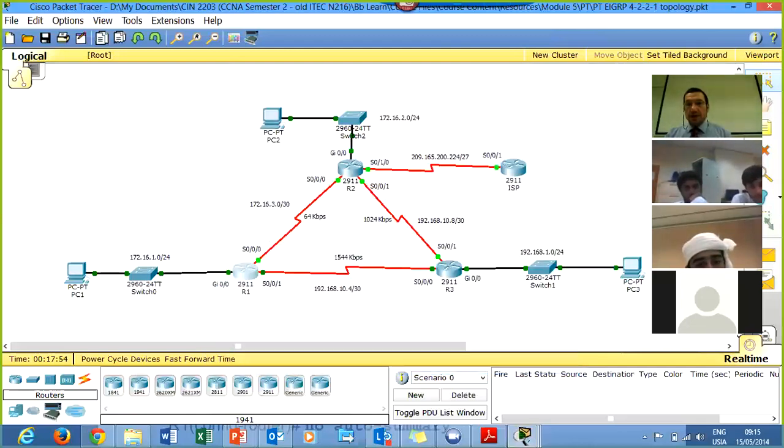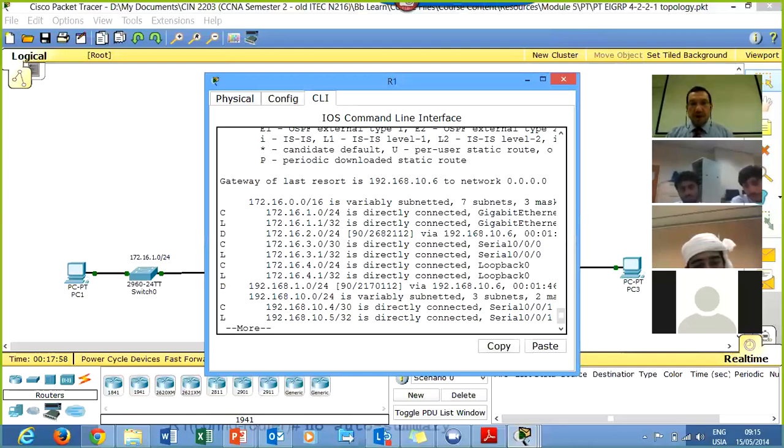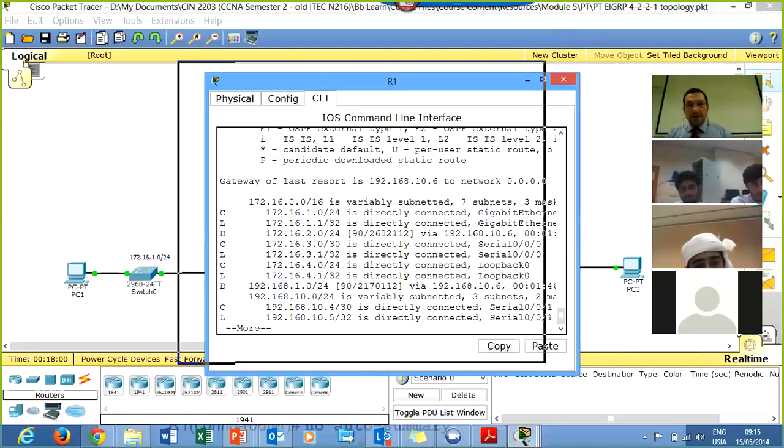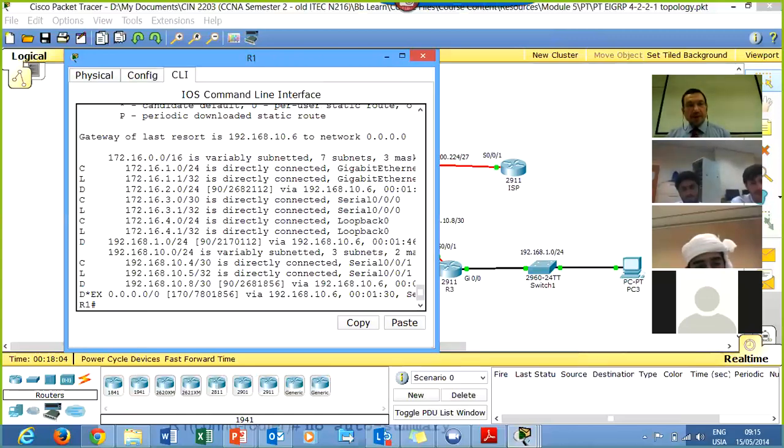Okay. So let's have a look at the routing table of R1 again. Now notice we have 192.168.1.0, and the 10.0. Okay, now for this, there is no problem because you can see it's showing via D 10.8 and a directly connected network.